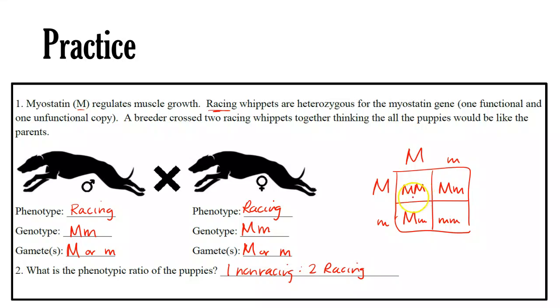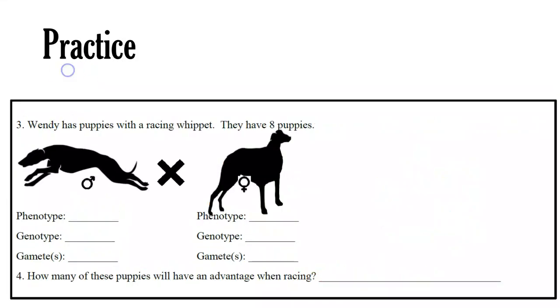The non-racing is the big M, big M. The two racing would be these two individuals right here, to one bully. So this one would look like Wendy. So the breeder is only getting about half the number of puppies that they would like if they'd like to continue raising them to breed. Okay, let's look at the next question.